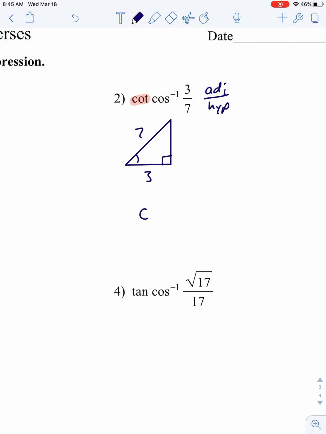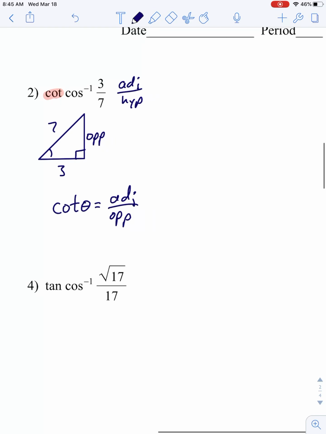this angle. Cotangent, as you may remember, is adjacent over opposite. So the opposite side here is something that we need to figure out. We can use the Pythagorean theorem. 7 squared equals 3 squared plus opposite squared, or you can use a variable there. It really doesn't matter.